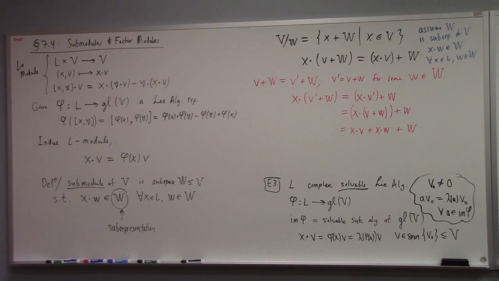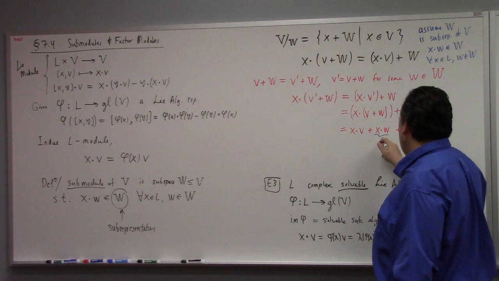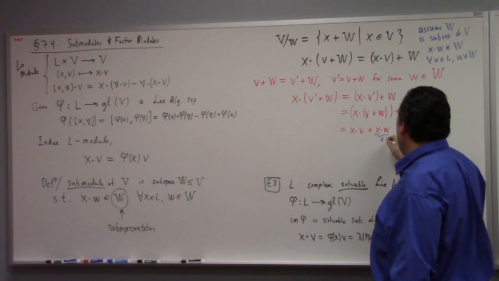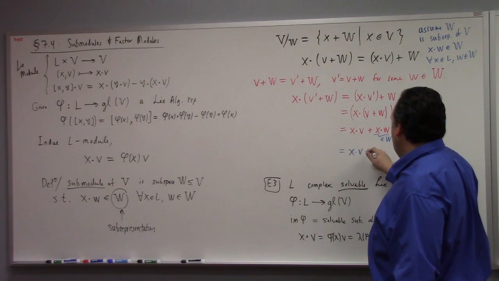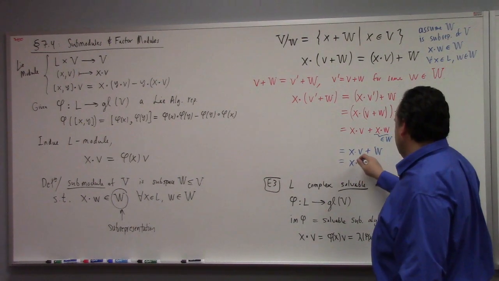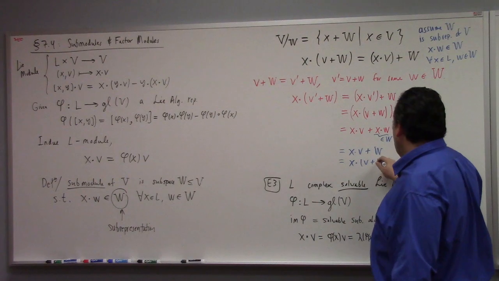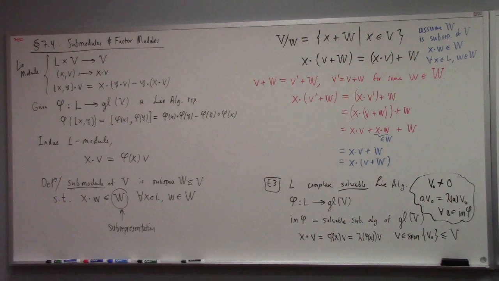That was our definition of subrepresentation. So given that, this right here is an element of W again, right? Which means that this is equal to x dot v plus W, which proves that the action on the factor module is independent of our choice of representative.